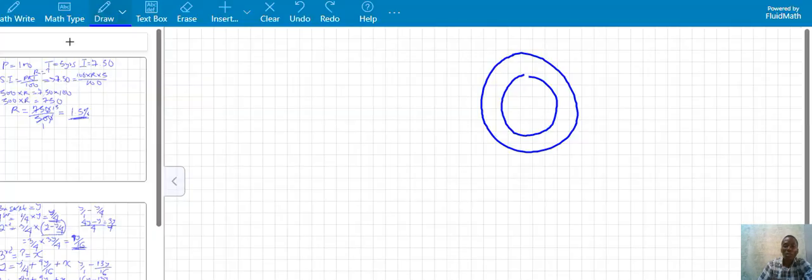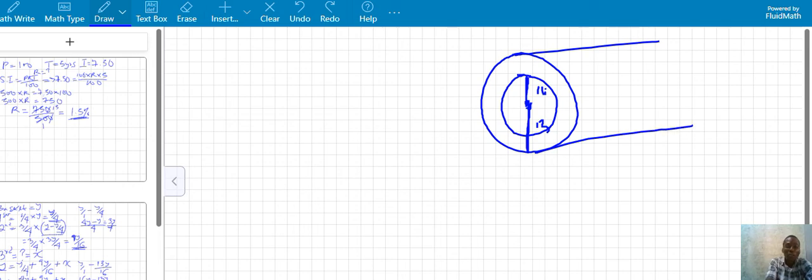So let's go straight to the board. We have this internal radius, which is from here to here, to be 10. And this main radius, from here to here, is 13.